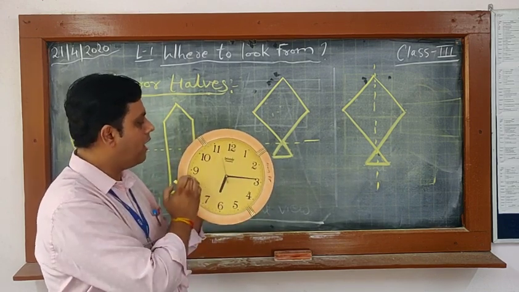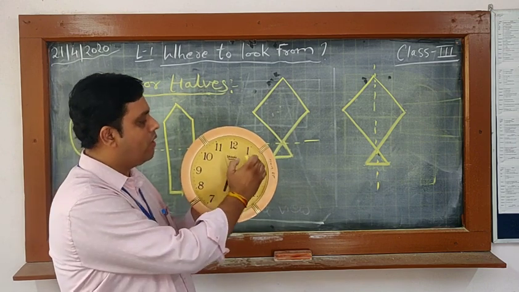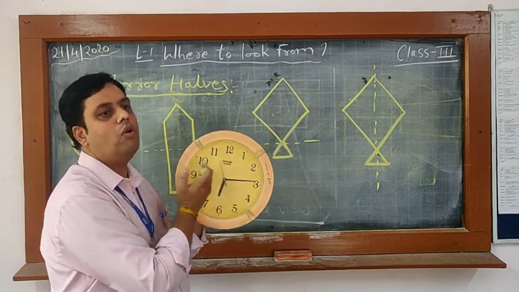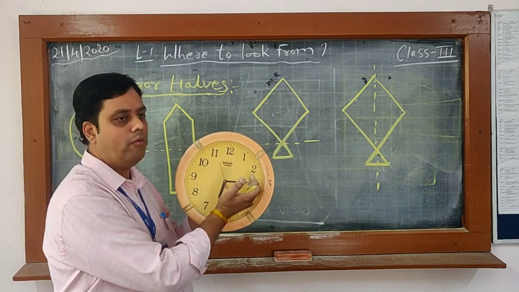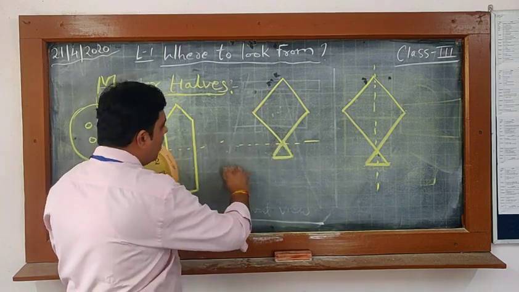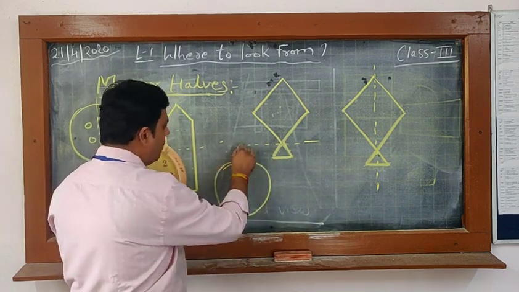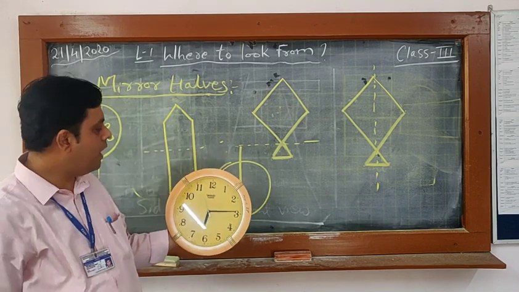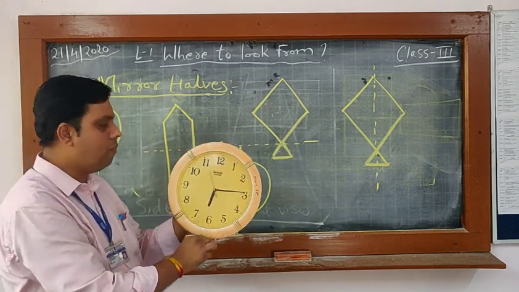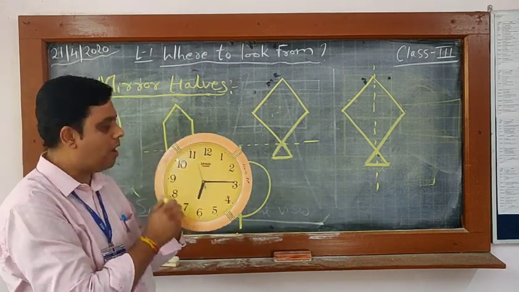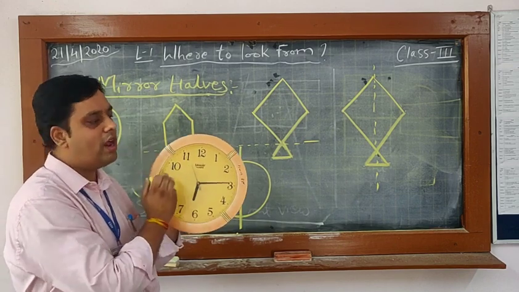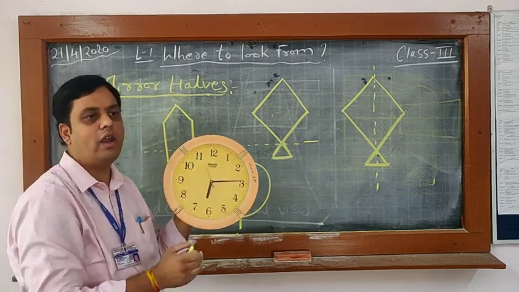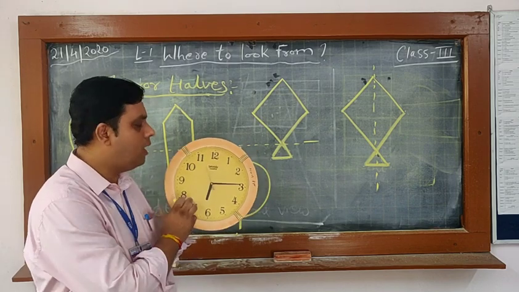So here 11, 10, 9, 8, 7, or here 1, 2, 3, 4, 5. So it will not be mirror half. Otherwise, if it is a circle only, and if we divide, it will be mirror half. So by the shape, it will be mirror half. But it is a clock and there are numbers and an hour and a minute hand also, so it will not be mirror half.